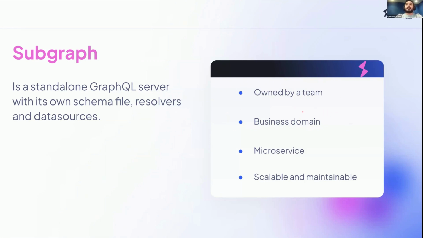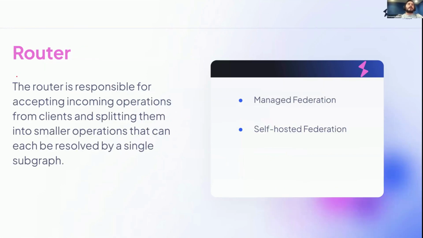Also, the ideal is that the subgraph belongs to a business domain and no more than one. Basically, a subgraph in terms of infrastructure is a microservice. And because of that, we have the benefit of microservices being scalable and maintainable through time.